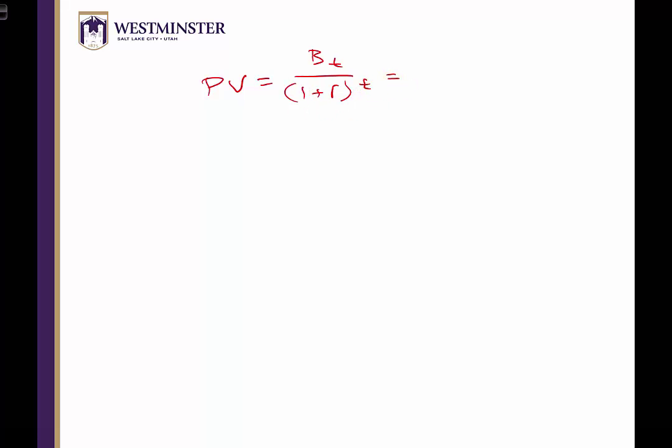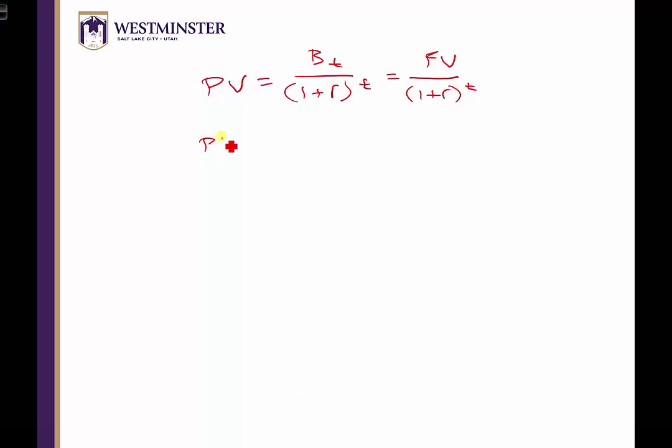If we can agree that beta t, since this is a one-shot transaction, might be future value divided by 1 plus r to the t, and if we want to think about how we would solve this equation normalized on future value, or using future value as the item we're solving for, then we can rearrange it.